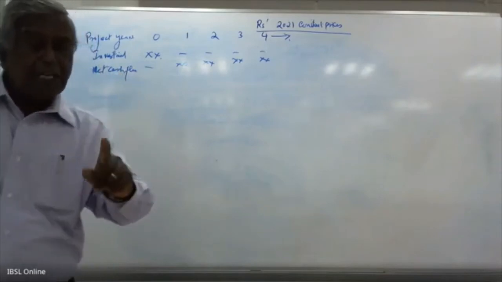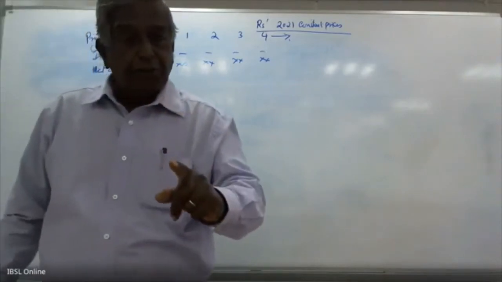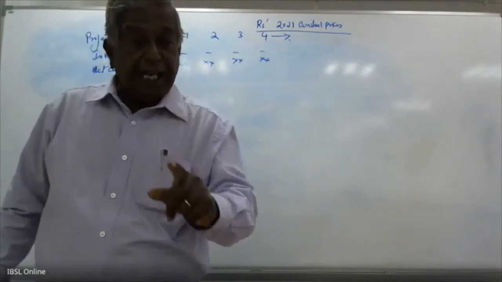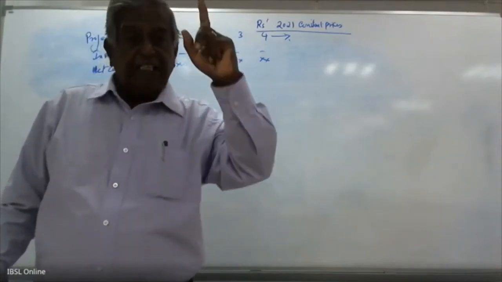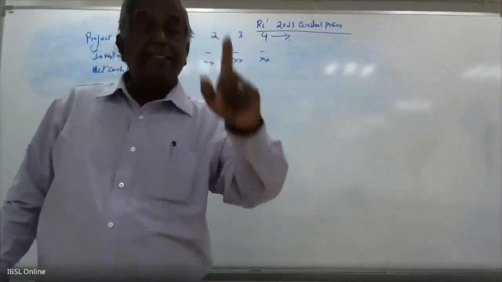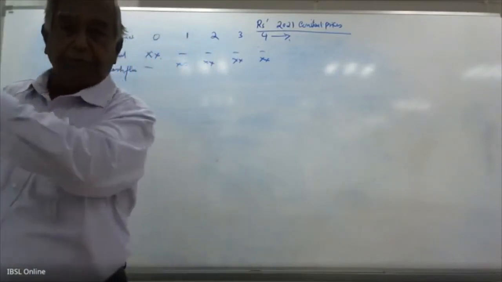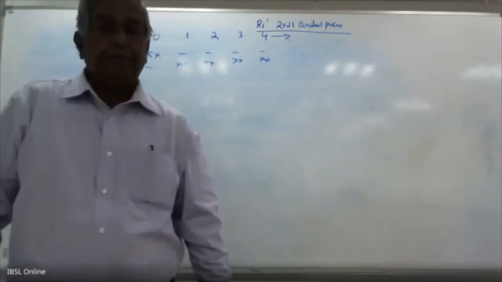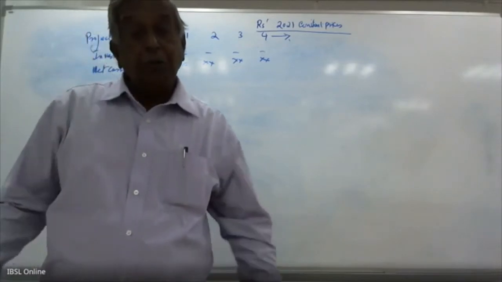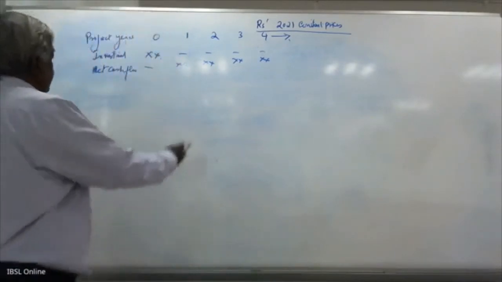Because time value of money, I have already told you, the money we have today is worthier than the same amount of money we may receive in future years. So how to do? This is present value.